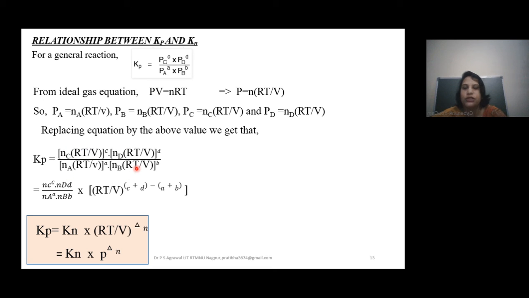Again, separating the terms, we get the numbers of moles, and RT upon V to some power. What is this again? Delta N. And this is Kn. So Kp is equal to Kn times RT by V to the power delta N. RT by V is P. So we can say that Kp is equal to Kn into P to the power delta N.